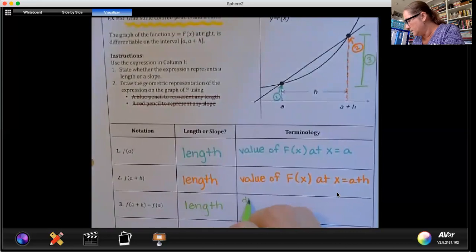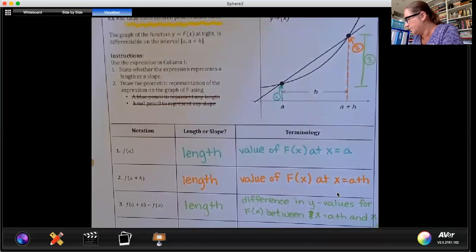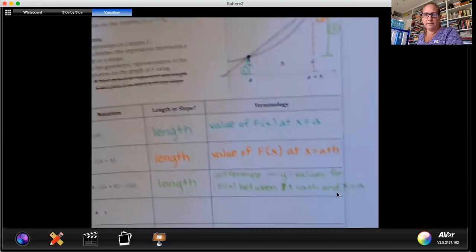It is the difference in y values for f of x between x equals a plus h and x equals a. And that's what we just talked about.